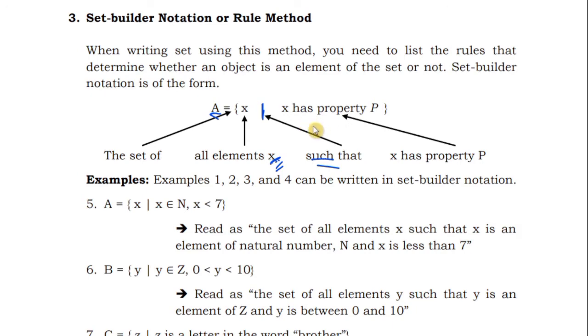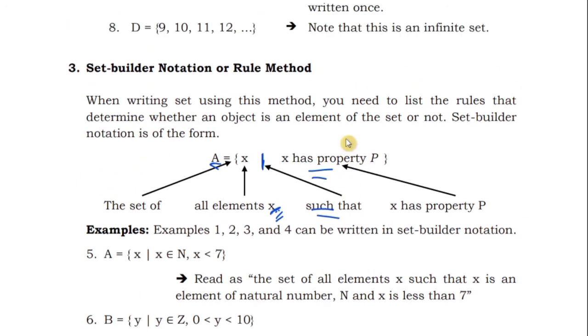So we have x has a property P. So that is the set builder notation or rule method.